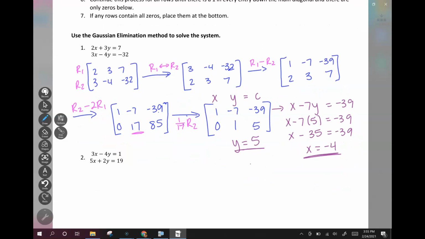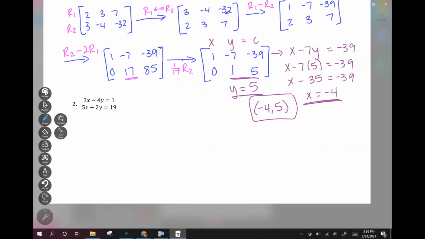So my solution, or my point where those two lines intersect, is (-4, 5). And we got that by getting the matrix into row echelon form, which gives you one of the variables, and then substituting that back in to solve for the other variable.